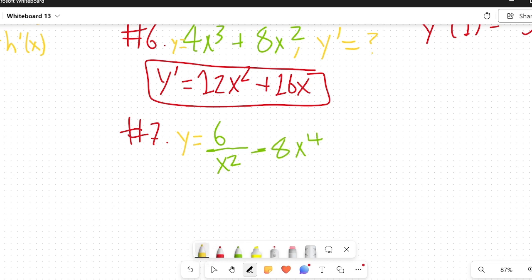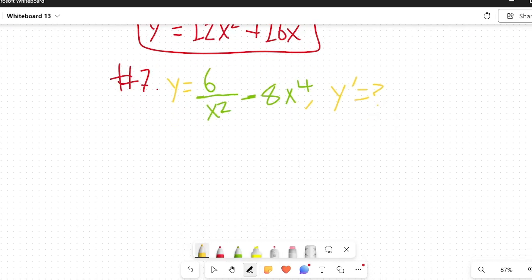And then what would y prime be equal to? We can't just directly apply power rule here. We have to first rewrite this function in terms of a constant multiple times a power. So x to the negative 2 minus 8x to the 4. Something like so. This is what it's going to look like, right?